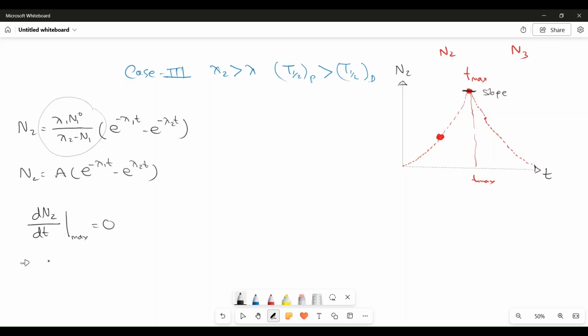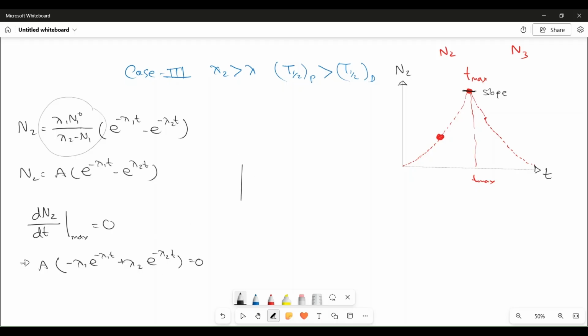This is just basic differentiation: A times minus λ1 e to the power minus λ1t plus λ2 e to the power minus λ2t equals 0. From here we can get λ1 e to the power minus λ1t equals λ2 e to the power minus λ2t.